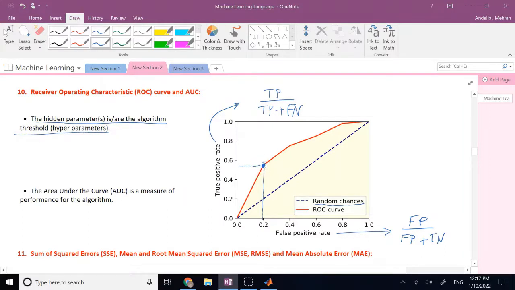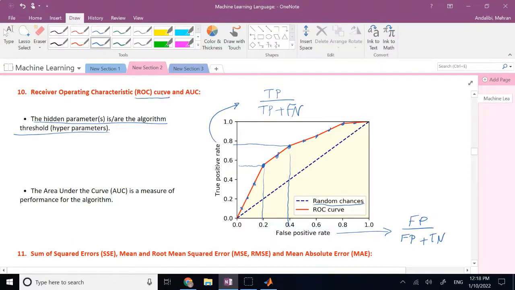Now what would you do? You go and change that yellow threshold. Say, hey, maybe I want to try another threshold, and that yellow threshold maybe gives you this point, right? And then you try another threshold, and then another, and that gives you a bunch of points. And then you connect these points together, and that gives you the ROC curve.